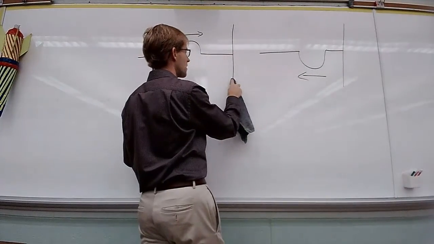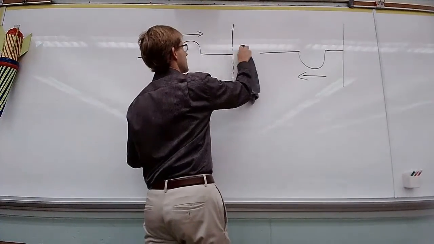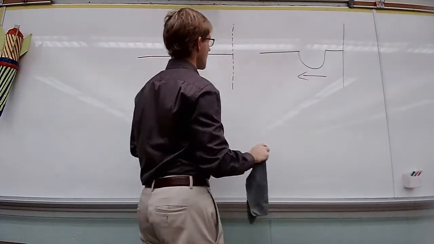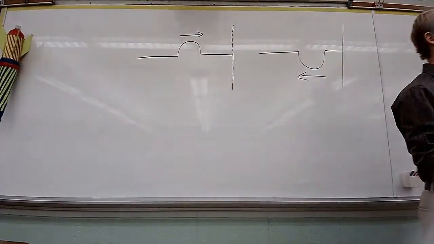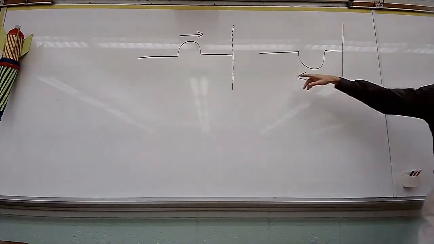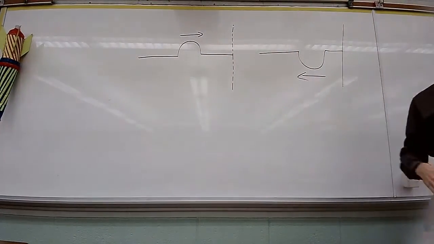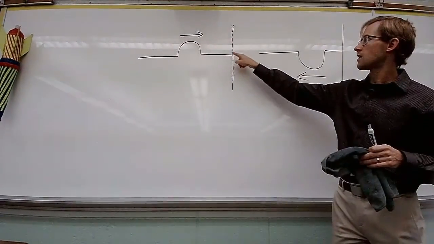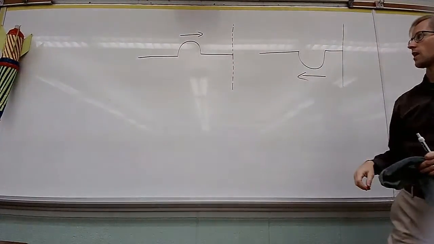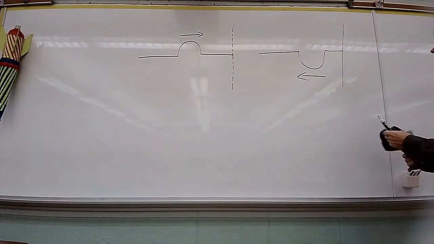The second one was the same thing, except the end was free. And the way that we show ends that are free to move is we just draw them with a dotted line. So this means the end where the slinky is being held is free to move a little bit.